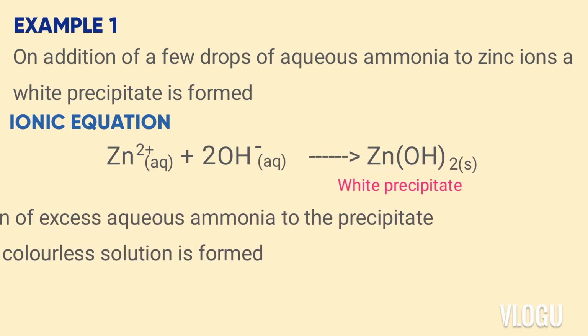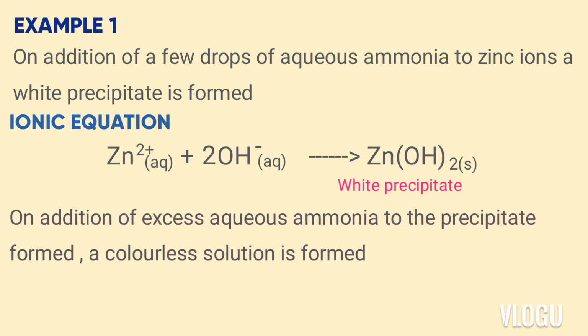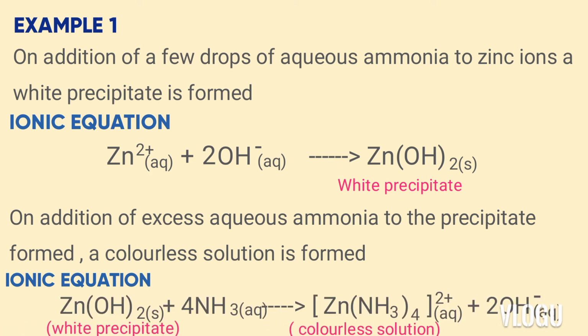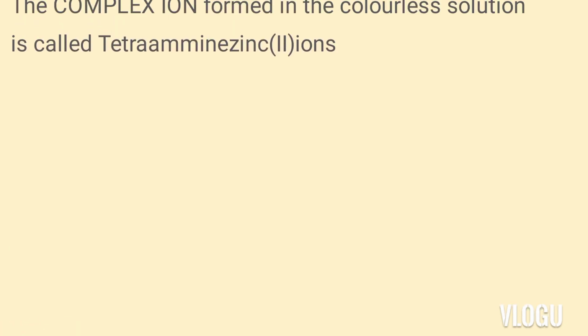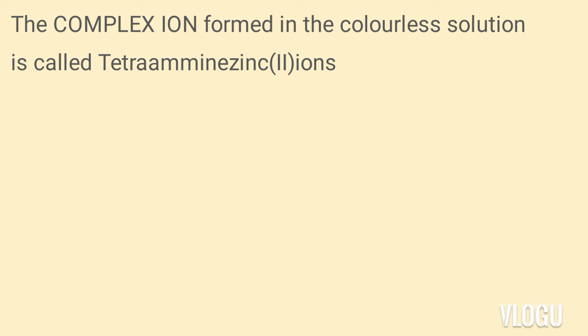On addition of excess ammonia to the precipitate formed, a colourless solution is formed. Ionic equation shown below. So the complex ion formed in the colourless solution is called tetraamminezinc(II) ions. The formula is shown.